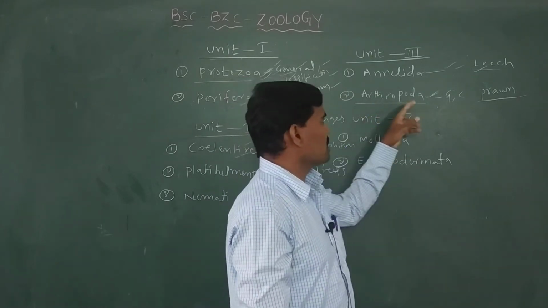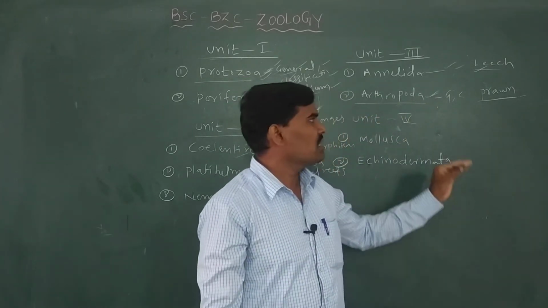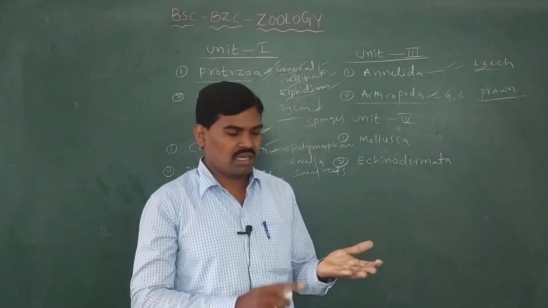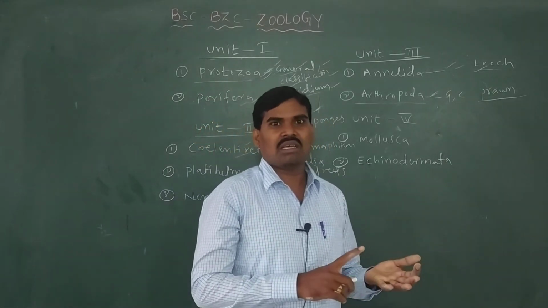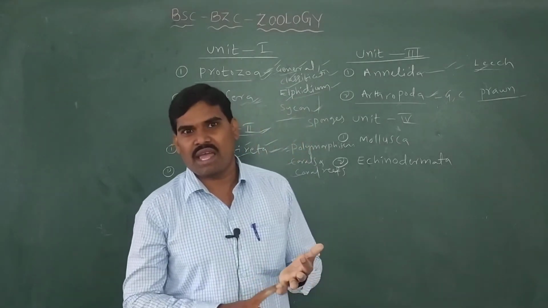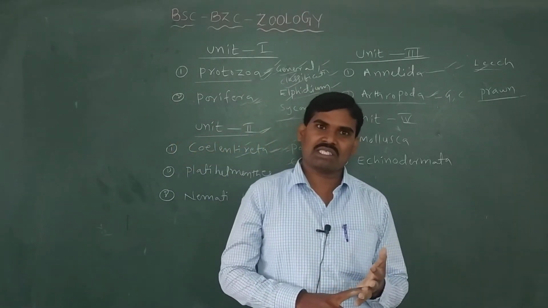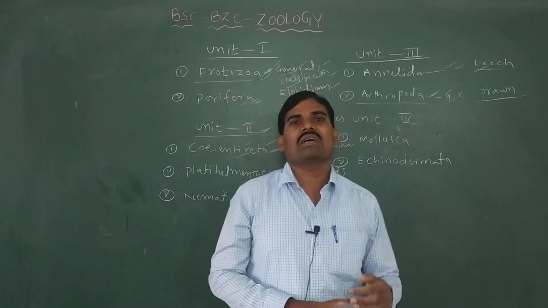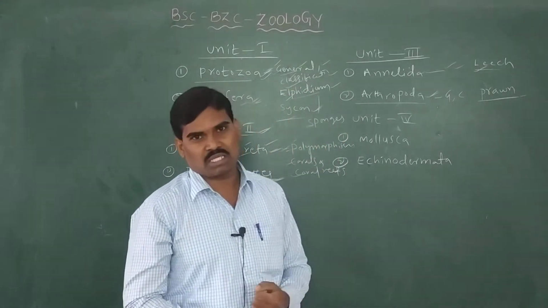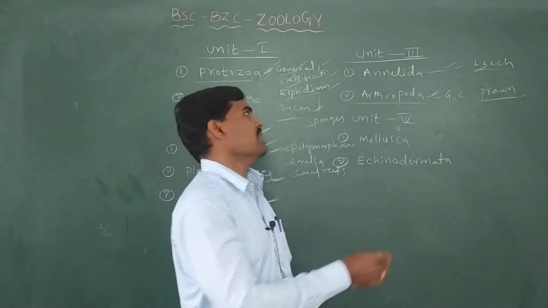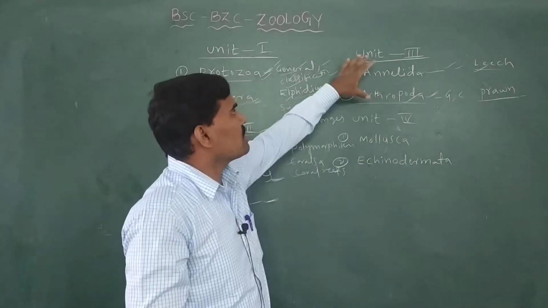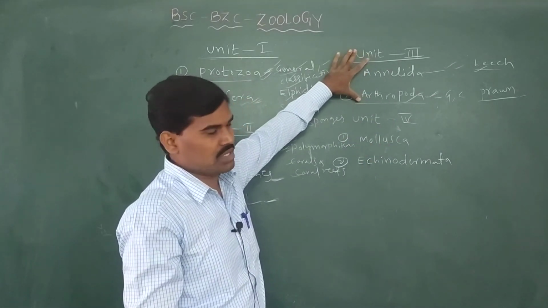So in these chapters they discuss the general characters, classification, and the prawn type study: appendages, respiratory system, digestive system, circulatory system, nervous system, reproductive system. The last one is Peripatus, the appendages of Peripatus. They explain these chapters. So this is the third unit syllabus.